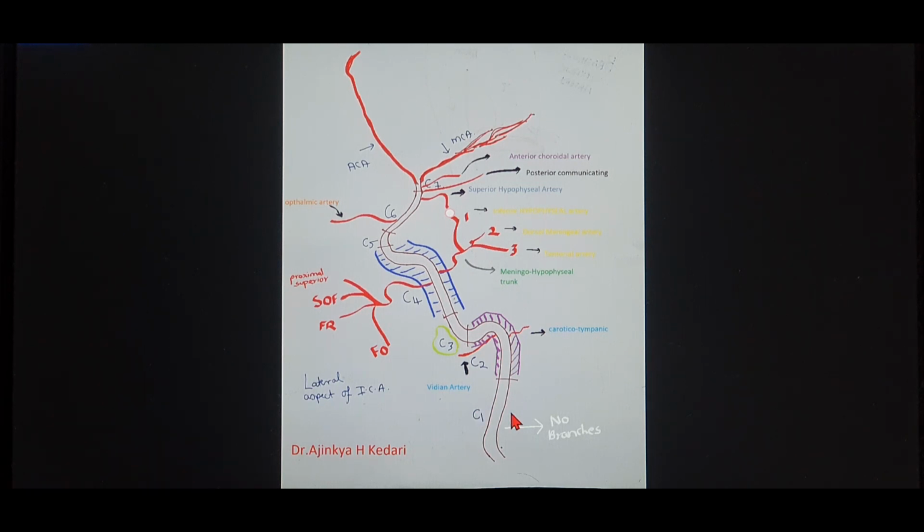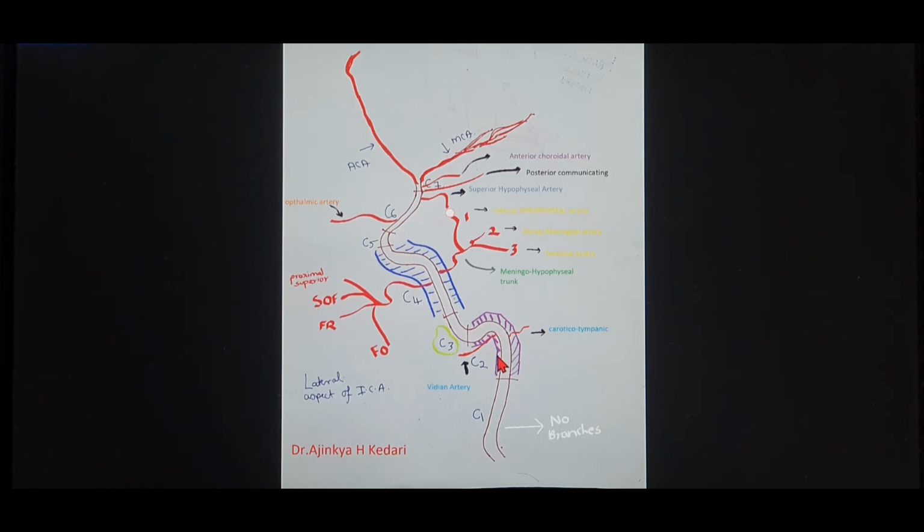Only the external carotid artery has got branches in the neck. So simple. Just remember like this: C1 has no branches, C2 has branches, C3 has no branches, C4 has branches, C5 has no branches. So the alternate numbers do not have branches. C1 no branches, C3 no branches, C5 no branches.